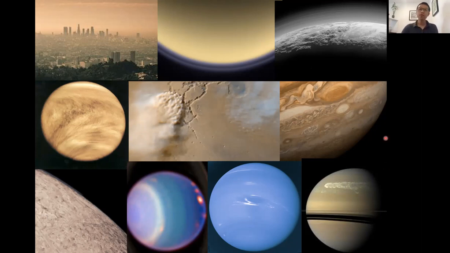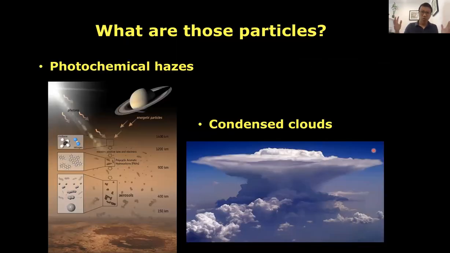So one very simple question is, how do we categorize these kinds of particles inside the atmosphere? A simple way would be to think about their sources. There are two kinds of sources, as I briefly mentioned before.